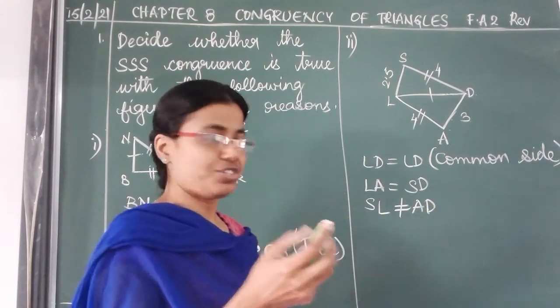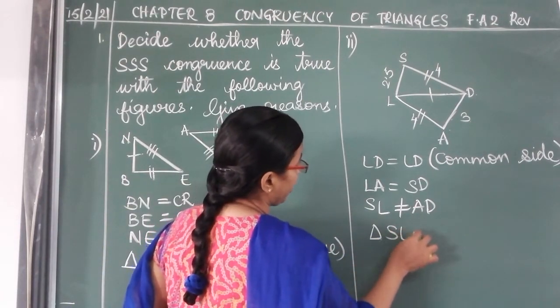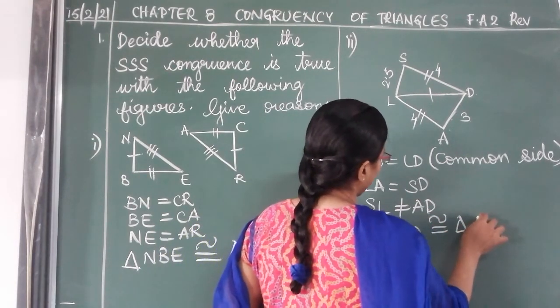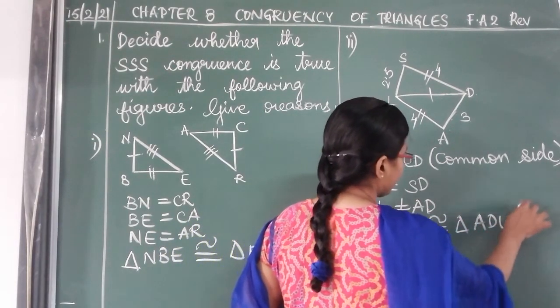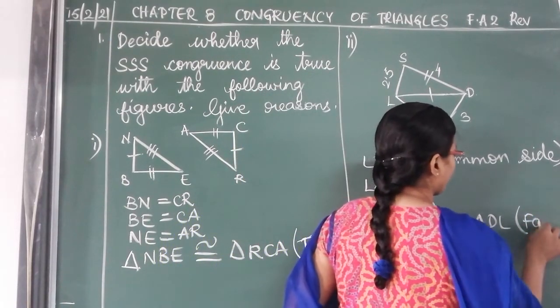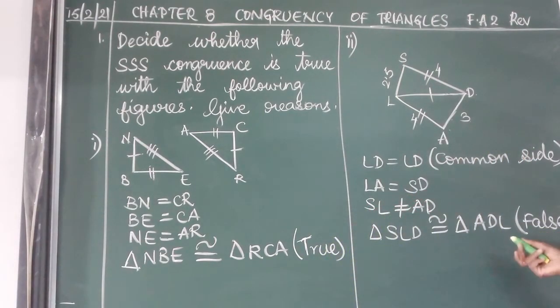Because of their length, they are not equal. So triangle SLD is congruent to triangle ADL. Is it true or false? It is false. Very good. So this is false. Understood this, children? Copy in your homework books.